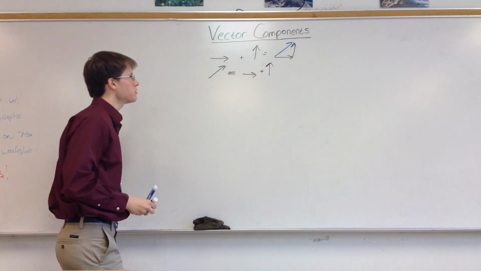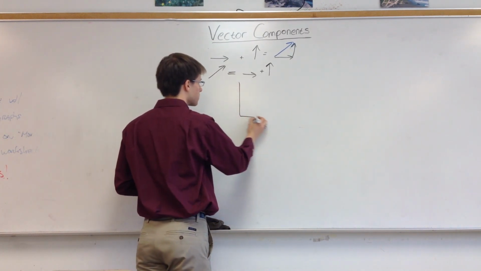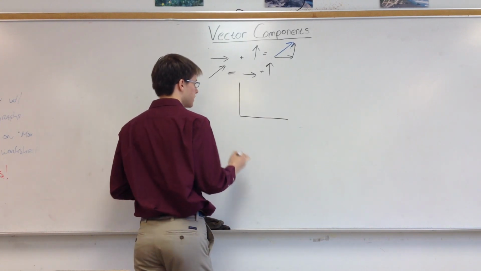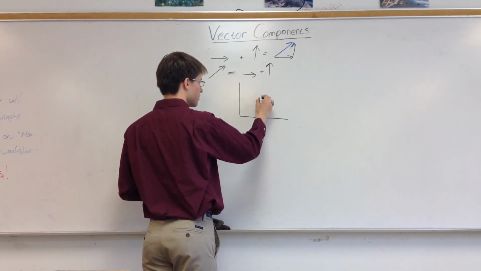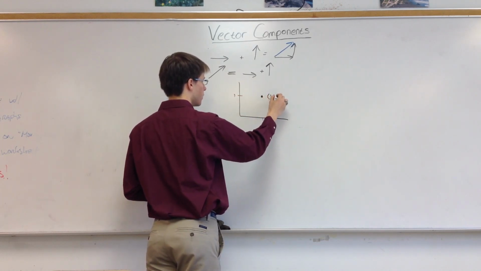So first thing I want to do is introduce some notation. Most people are familiar with graph notation, which is your standard plot here, where if I have a dot here and this is 1 and this is 1, then this point is 1, 1.